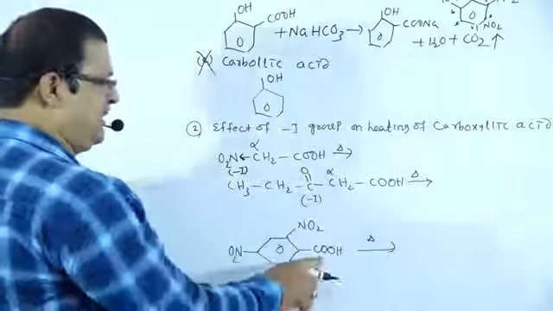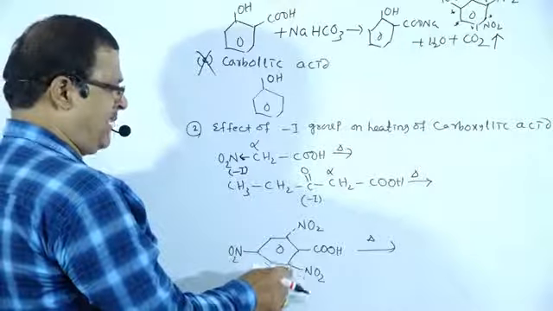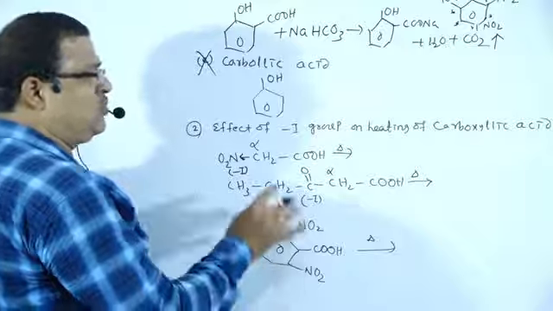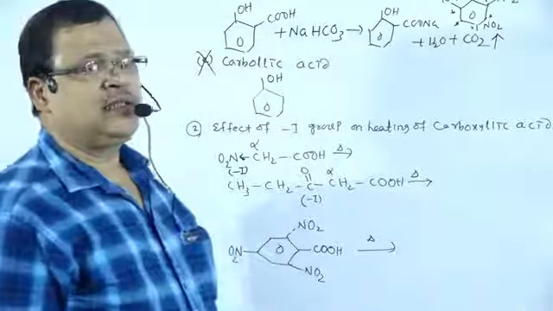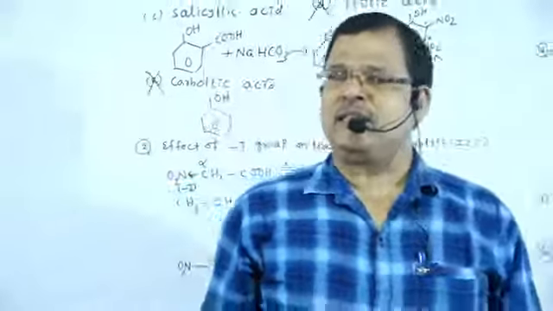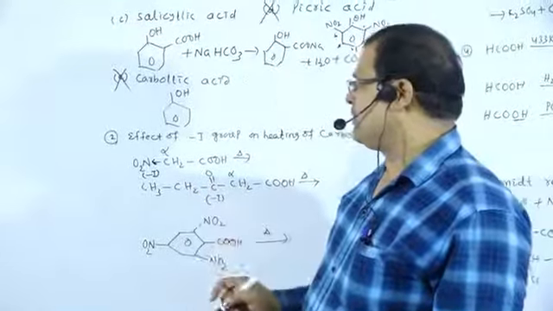Similarly, a COOH group with an NO2 group present at the alpha and also the gamma position. So what is the effect on carboxylic acid whenever the COOH group is attached with a -I group at the alpha position?